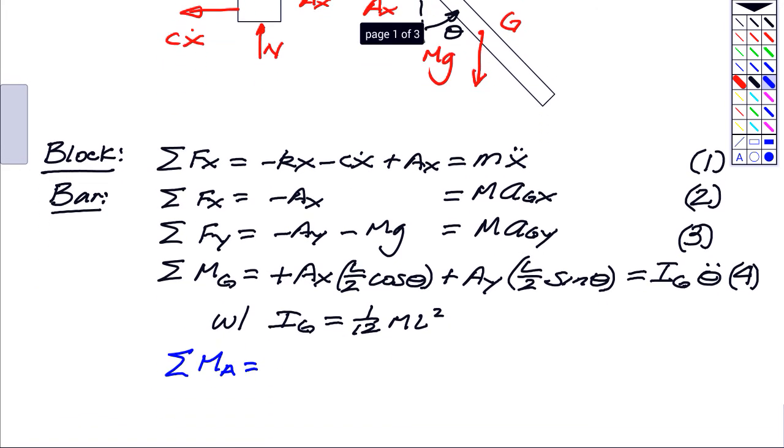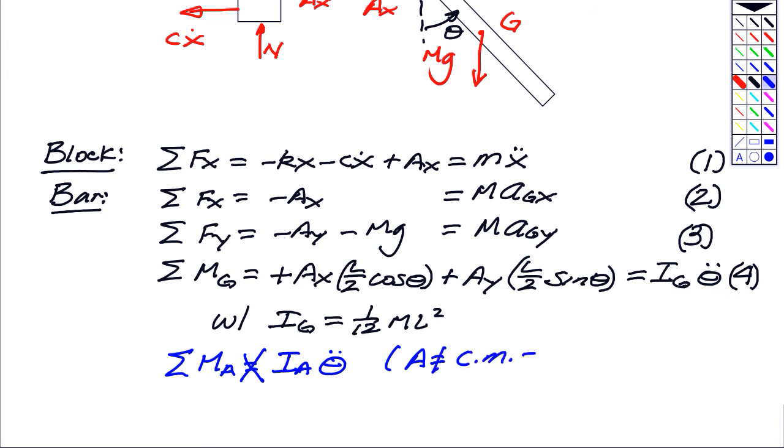Unfortunately, if you sum moments about A, you cannot set that equal to the mass moment of inertia about A times theta double dot. Why is that? Well, it's because A is not the center of mass, and A is not a fixed point. And without those 2 possibilities, we are stuck with using G.